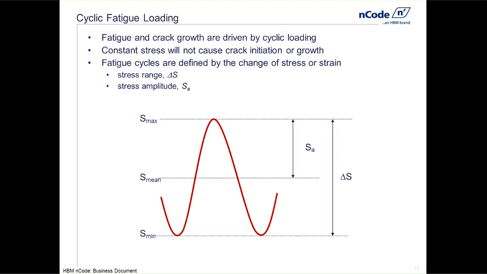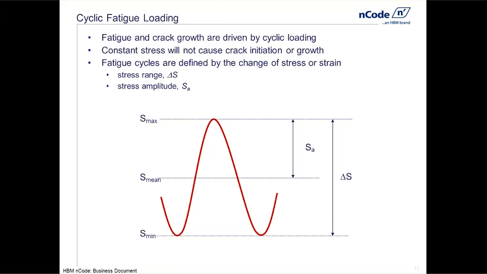Depending on what textbook you're looking at or what kind of SN curve you're looking at, some people might report not delta S, the stress range, but instead the amplitude, which is represented here by SA. And SA is nothing more than half of the stress range. So it's just something to keep an eye out for when you're looking through fatigue textbooks or whatnot.